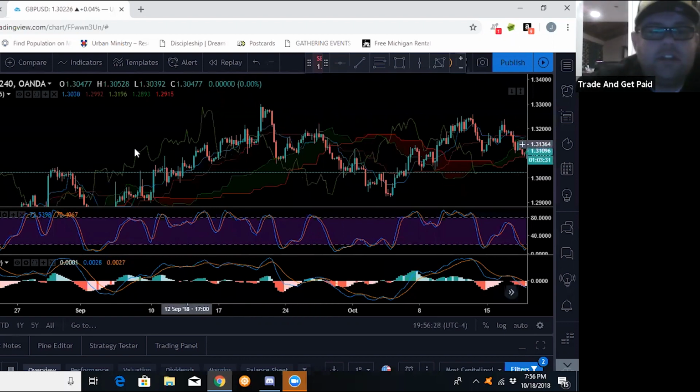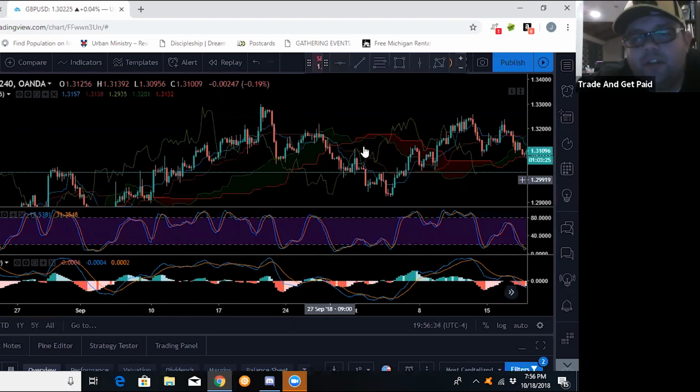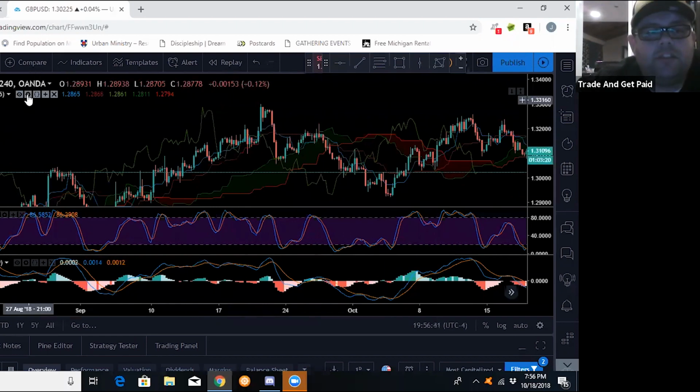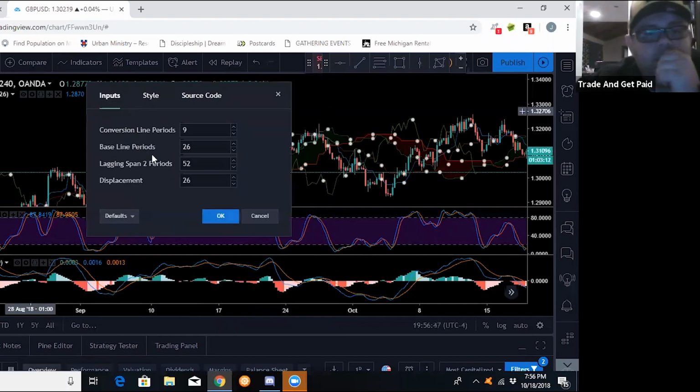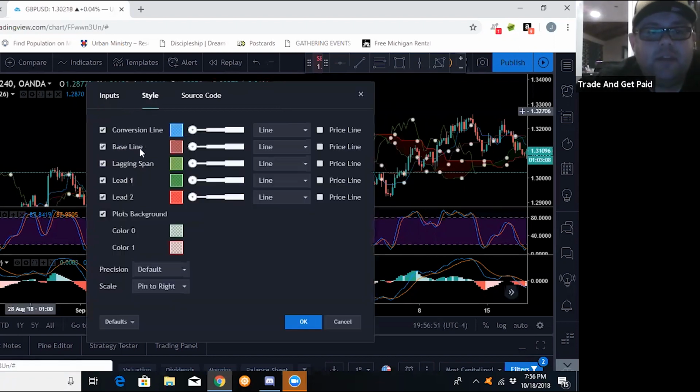When you look at the Ichimoku, you have this little cloud at the bottom that's generally going to show you the volume of how it comes up. You've got your moving averages and your volume lines. Here's the cool thing about an Ichimoku: when you come to this area right here, into the inputs, you can convert it all. You can show how it lags, which the Ichimoku does lag a bit.